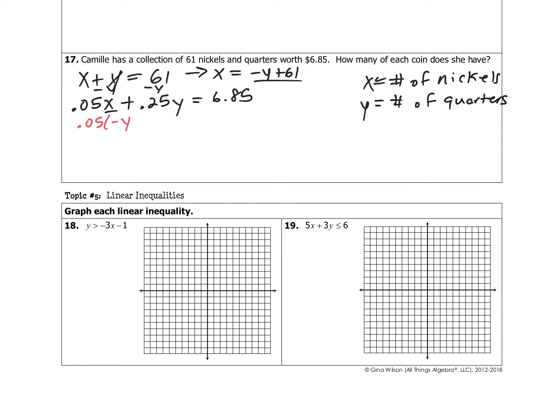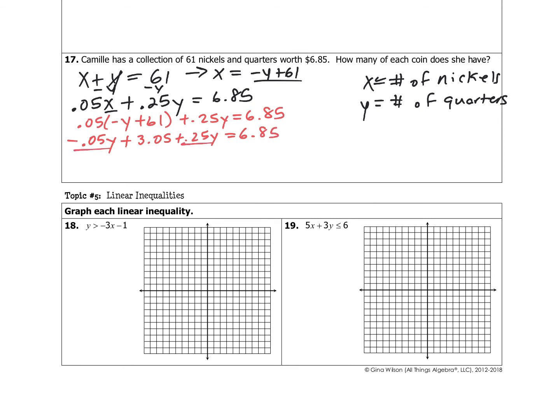0.05 times negative y plus 61 plus 0.25y equals $6.85. Distribute, you get negative 0.05y plus $3.05 plus 0.25y equals $6.85. Combine like terms.